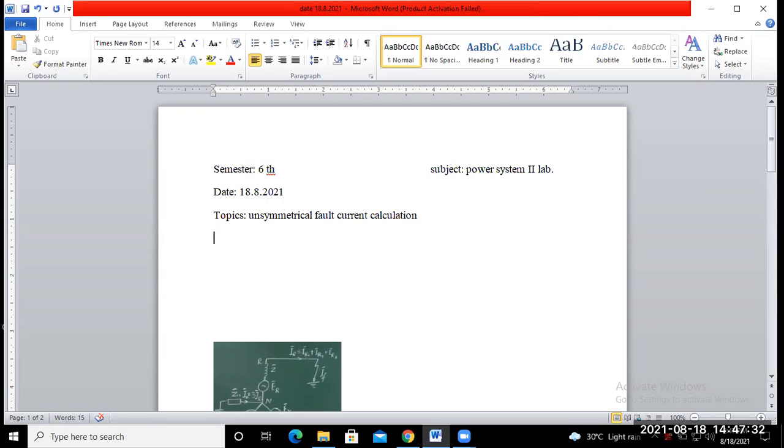So we already classified the various types of unsymmetrical faults when we discussed the symmetrical fault. That means single line to ground fault, double line fault, or double line to ground fault. So today we are just going to discuss single line to ground fault.